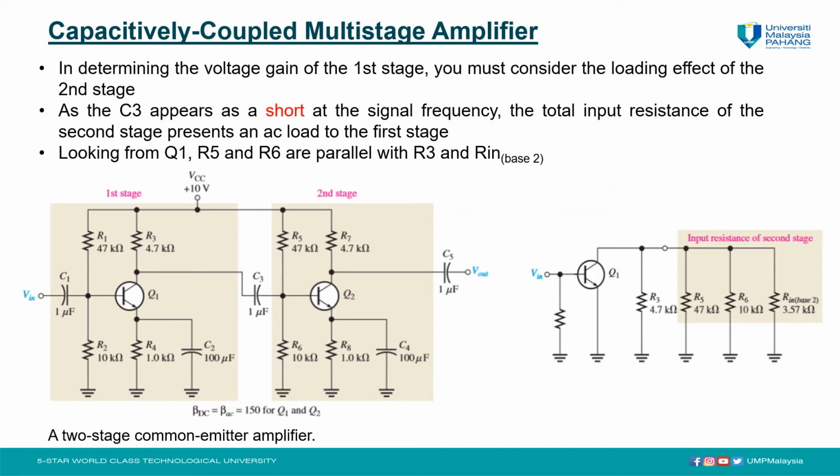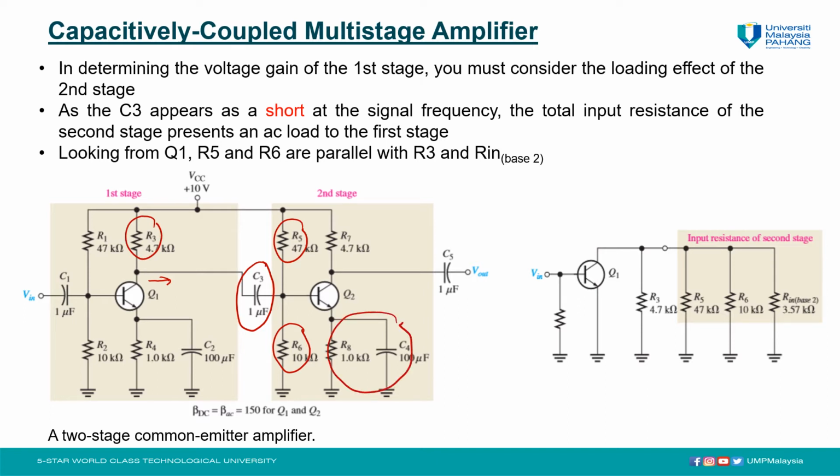So in determining the voltage gain of the first stage, we must consider the loading effect of the second stage. As C3 here appears as a short at the signal frequency, the total input resistance of the second stage presents an AC load to the first stage. In other words, if you are looking from Q1, R5 and R6 will be parallel with R3 and R in base.